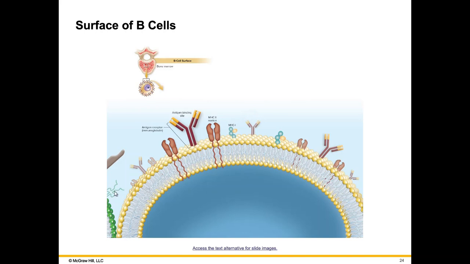If we look at the cell surface of B cells, we still have our MHC class 1 molecule, but also our MHC class 2 markers. We also have, in addition to that, antigen binding sites in the form of antibodies. Antibodies are also called immunoglobulins. You'll see both of those terms throughout the chapter.